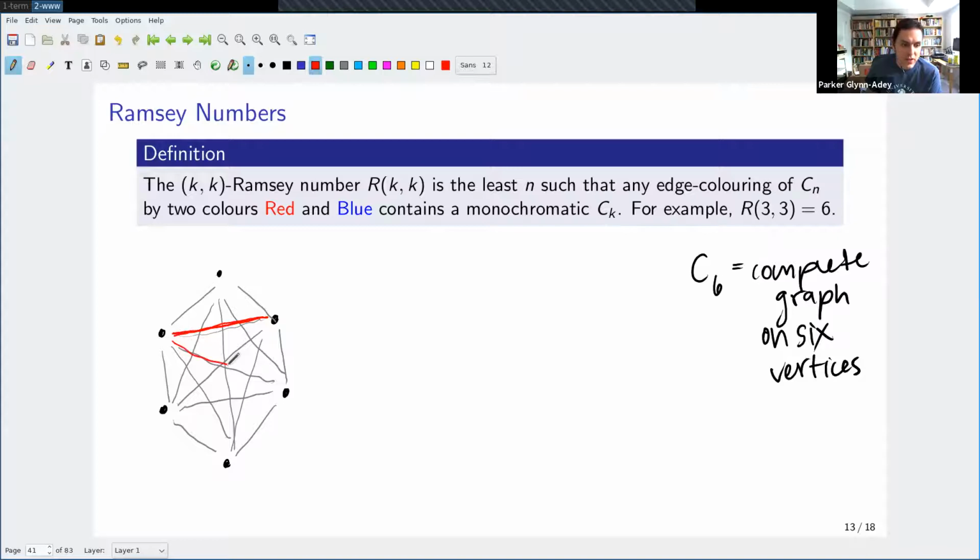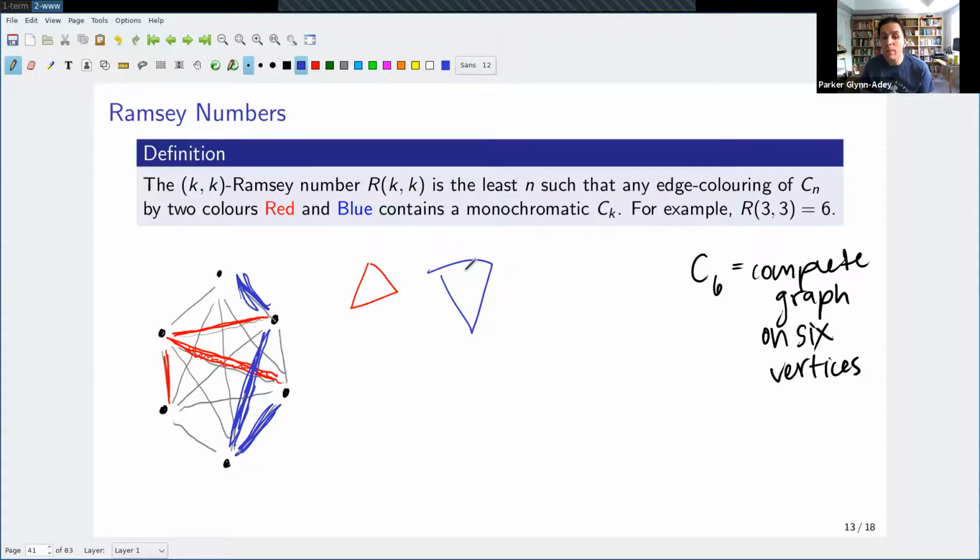We're going to color some of them red. And we're going to color some of them blue. Okay, and we're going to color all of the edges of this thing. And we're asking how many vertices do we need so that we always have a monochromatic triangle?